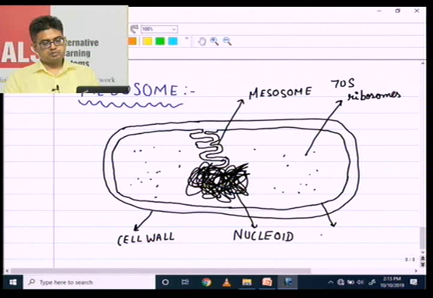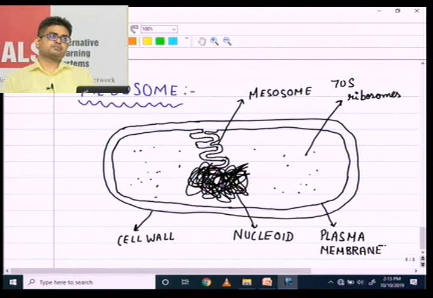This is the plasma membrane, or the bacterial cell membrane. Okay, this is the basic structure of a prokaryotic cell. Please finish it quickly.